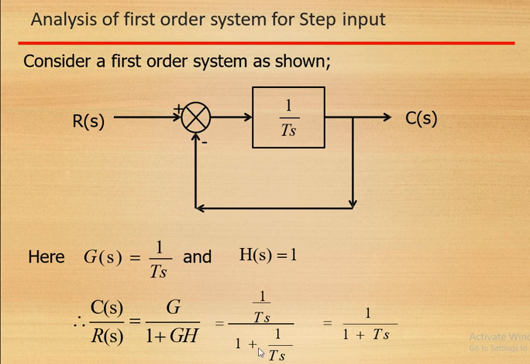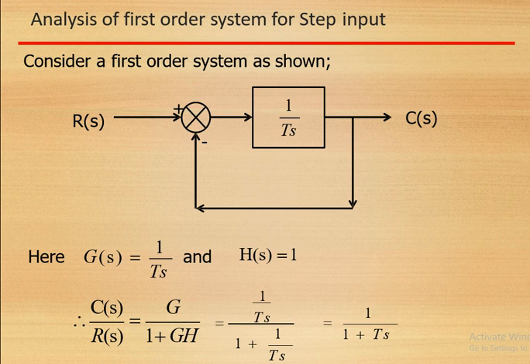Again I will tell you how to multiply this. Multiply 1 into TS, plus the cross multiplication is 1 divided by TS. So this function will be again TS divided by 1 plus TS, and this TS gets cancelled, and we will get 1 plus 1 divided by 1 plus TS. So you can do this multiplication. This is very simple mathematics.